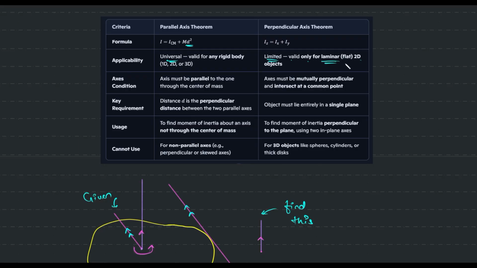Okay. So we have defined this, so keep this in mind. Now, axes must be mutually perpendicular and intersecting at a common point. The object must lie entirely in a single plane and cannot be used for three-dimensional objects like sphere, cylinder, or thick disk.